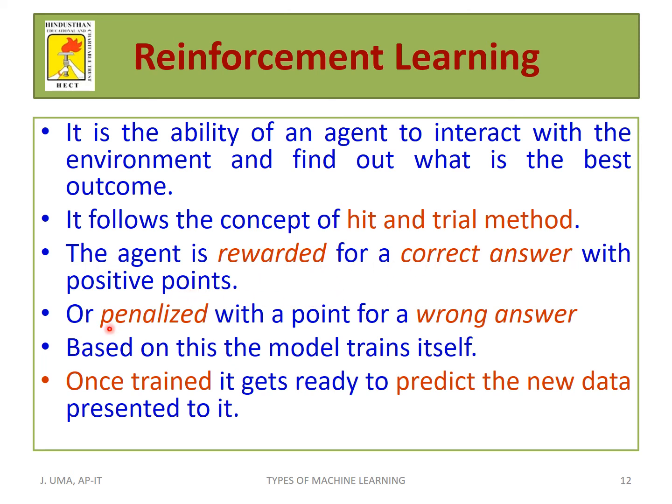The agent is rewarded for the correct answer with positive points, or it is penalized with a point for a wrong answer. Based on this, the model will train itself. Once trained, it will be ready to predict the new data presented to it. It is like a child who gets practice from its mother or father by getting rewards and penalties from their parents.